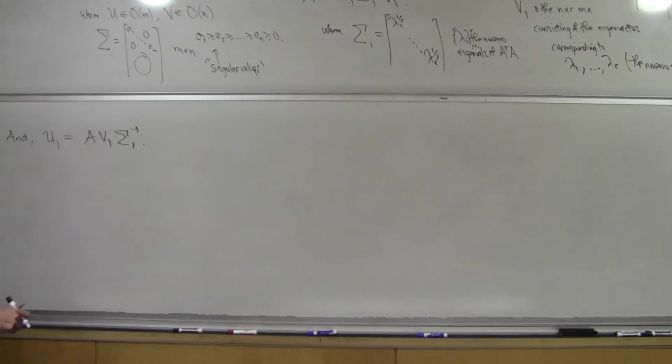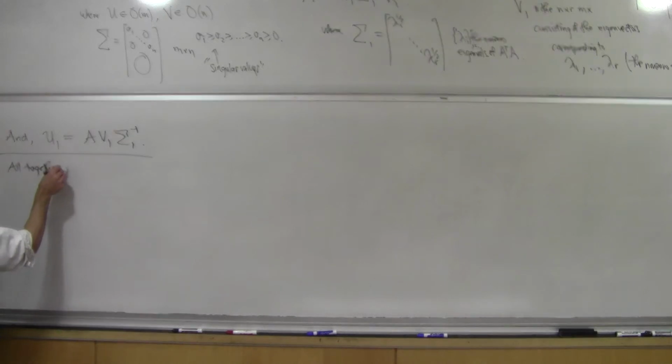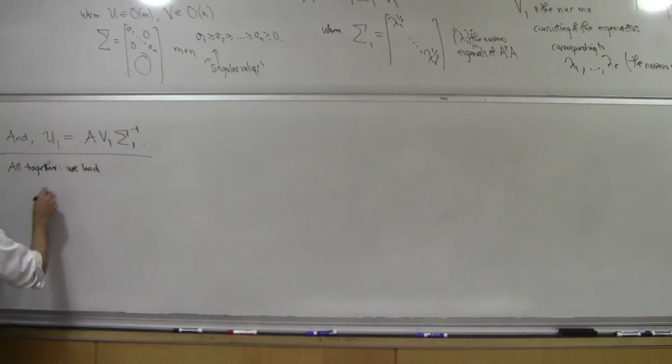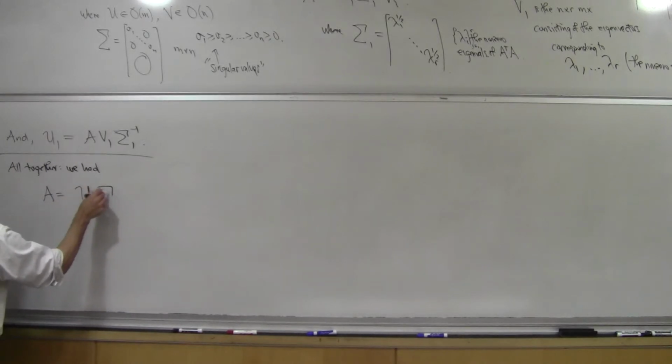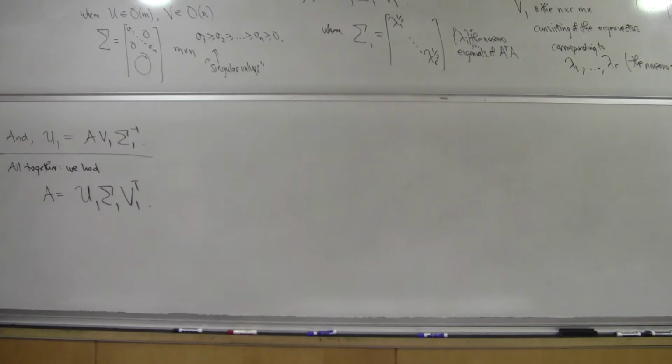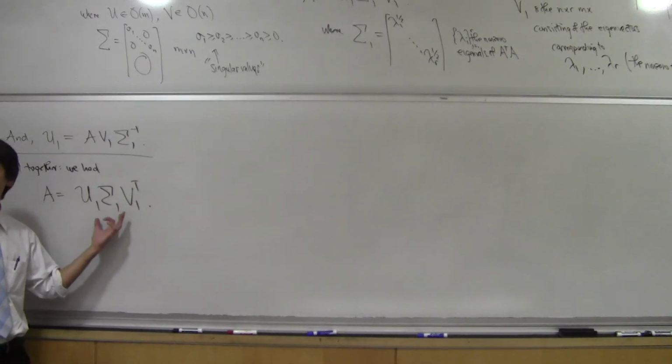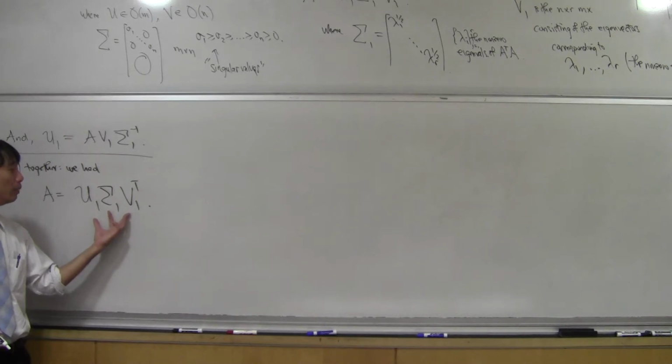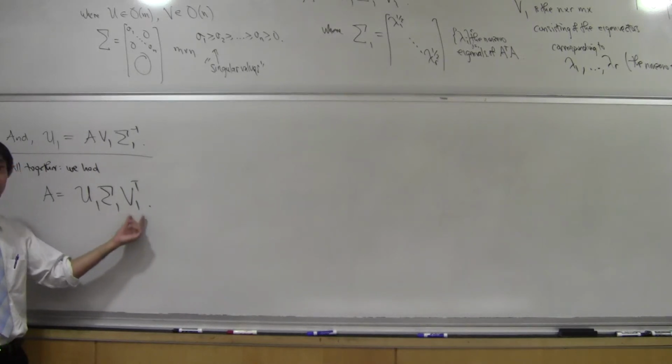Altogether, we had this thing: A equals U1 sigma 1 V1 transpose. We're hoping to get the full-blown singular value decomposition, but we just have parts of it.